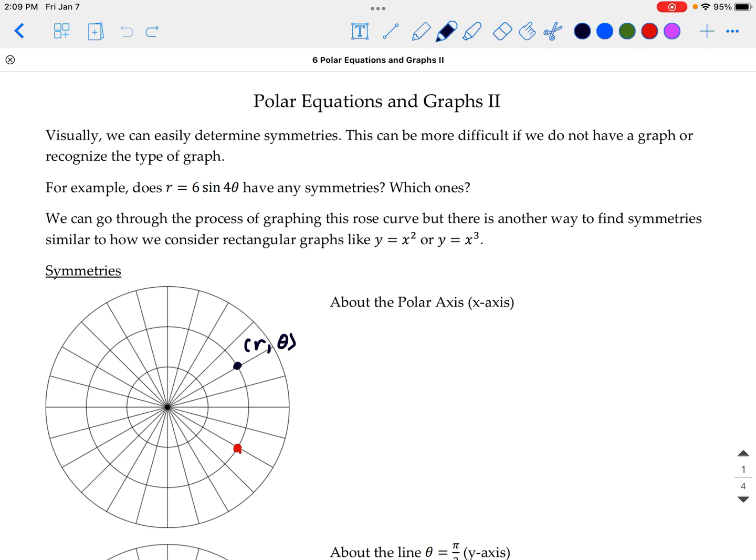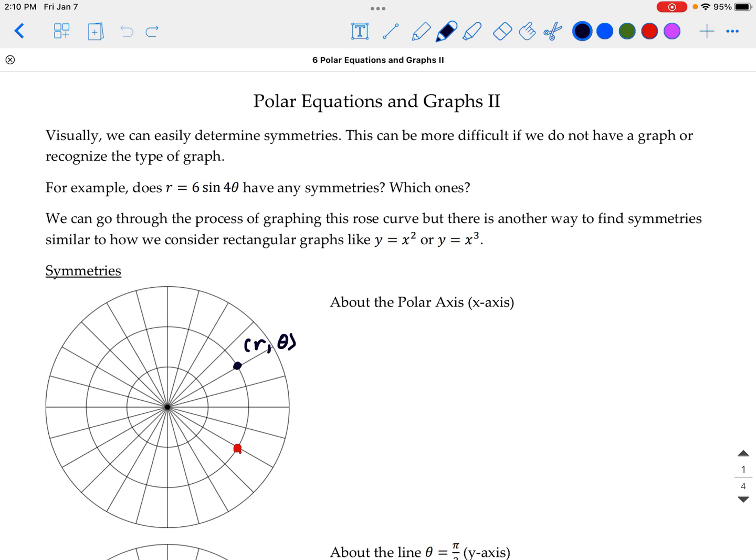That is going to be taking this value r, theta and reflecting it about the x-axis. So this point is going to be on the same curve, so you can imagine some polar curve here that has this symmetry. Maybe it's a circle, maybe it's a cardioid. If we don't know what the graph quite looks like, is there a way we can test for this symmetry?